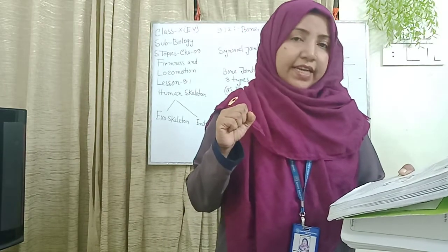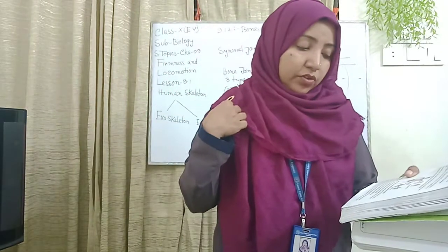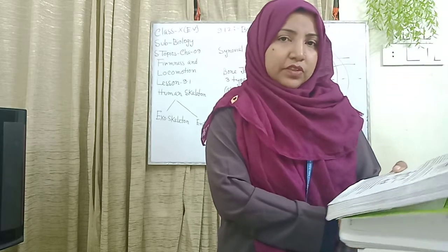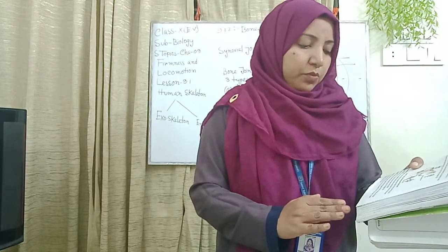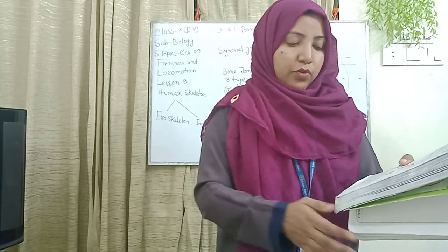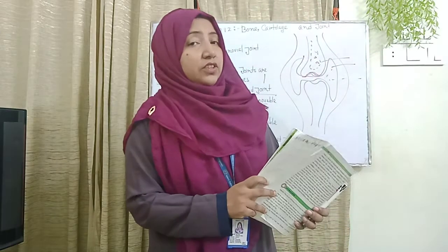The second type is the hinge joint. The elbows, knees and joints of the fingers are examples of hinge joints. It moves like the hinge of a door. It can be moved in one plane only. These are also examples of synovial joints.